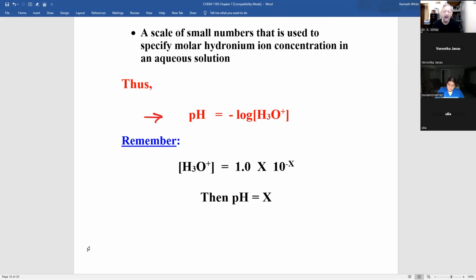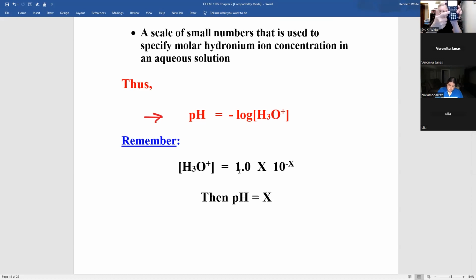Now, it's time for a special gift from Dr. White. Shh, don't tell anybody I'm being nice. Remember, mum's the word. And that special gift: when hydronium ion is 1.0 times 10 to the minus x, the pH is x. If it's not 1.0, then I'd have to teach you how to use the logarithm function on your calculator, and students have problems grasping this.